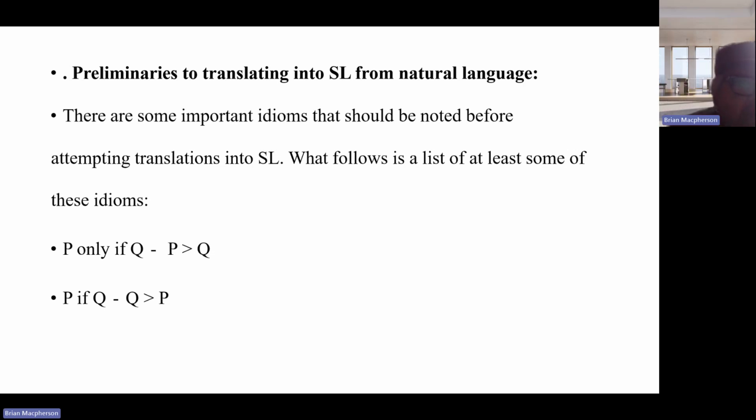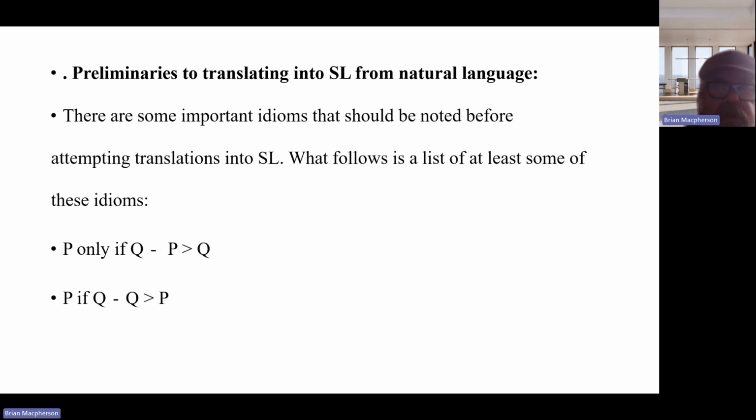Okay, so preliminaries to translating into SL from natural language. There are some important idioms that we need to know. First of all, P only if Q can be translated as P then Q. Know all of these idiomatic expressions, and that will help you translate into propositional logic.